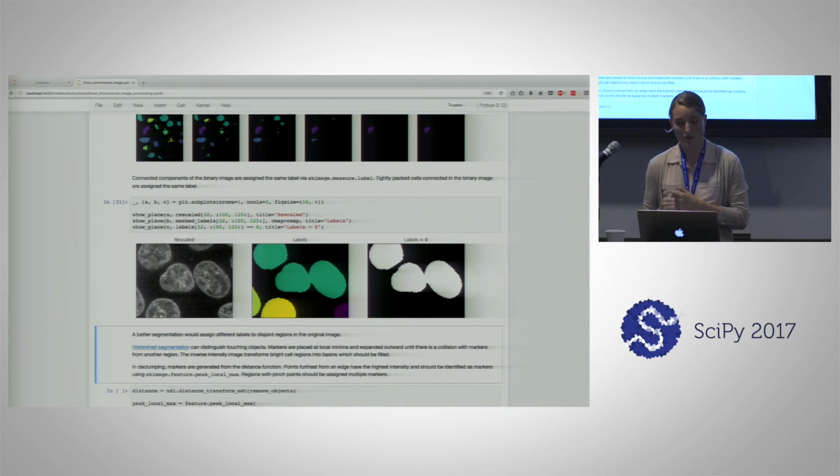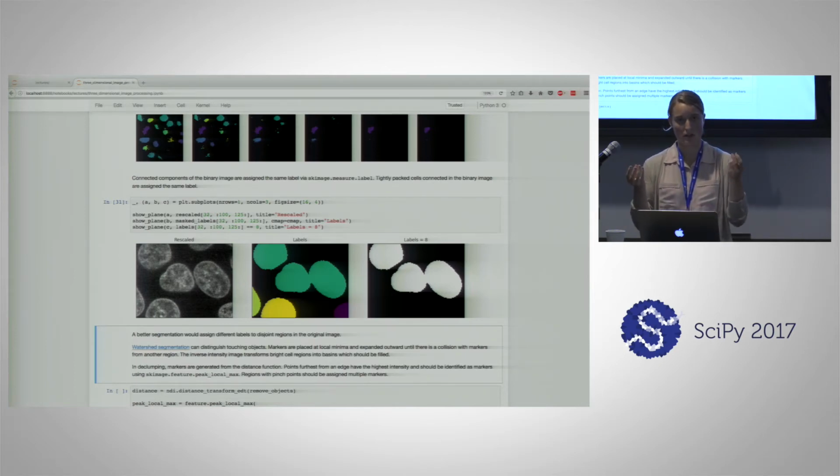This isn't great. A better segmentation would assign different regions or different labels to the different cells. So we have a trick for doing that, and it's the watershed algorithm. It's really great for distinguishing touching objects.